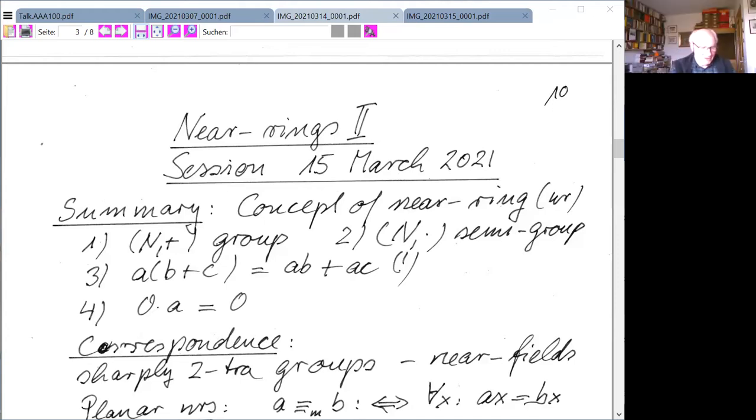Now I have Mr. Ting in front. And on a small picture, I have the beginning of the notes for today. Near-rings II.2, session on the 15th March, but in a very small section.